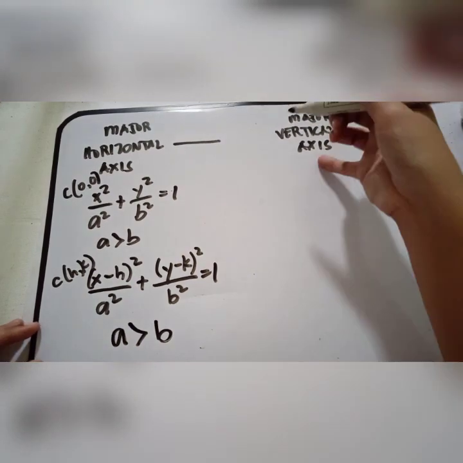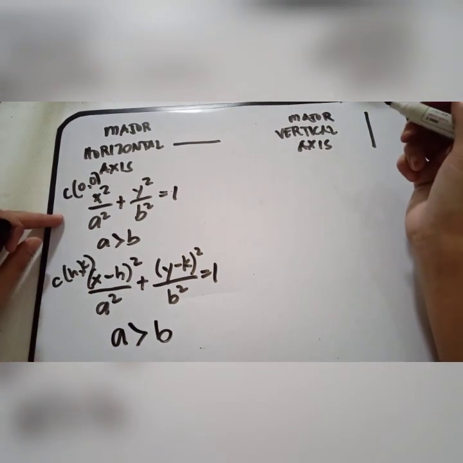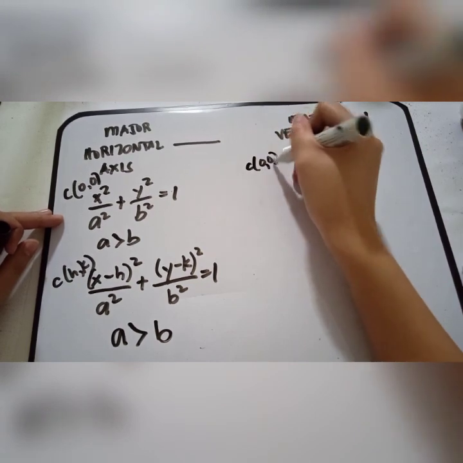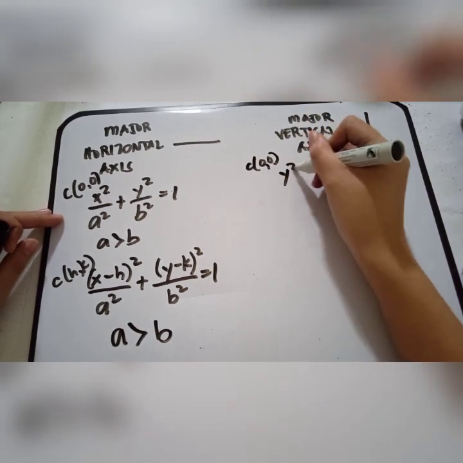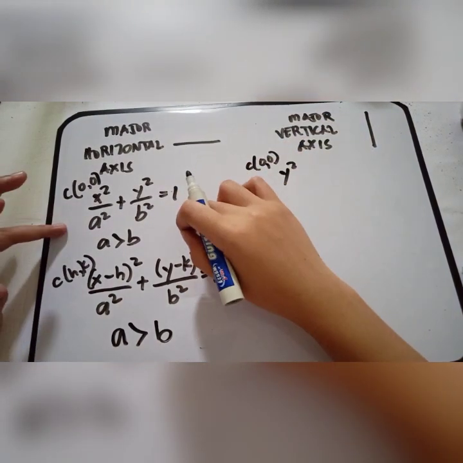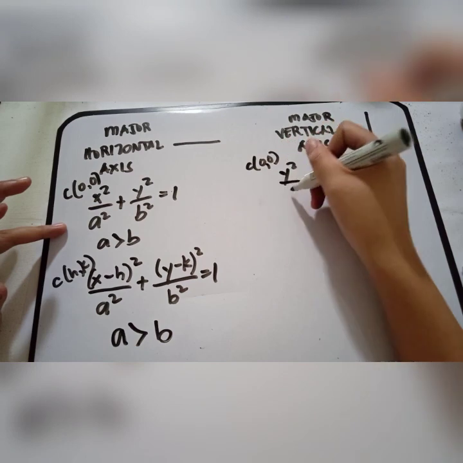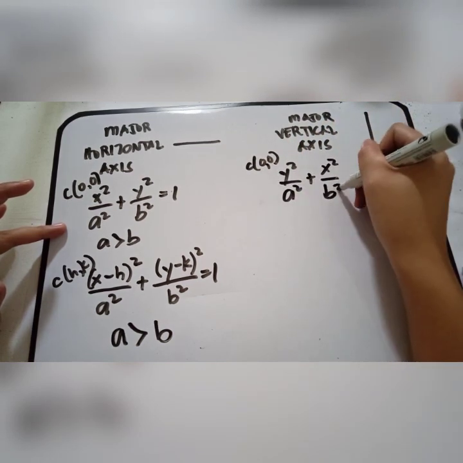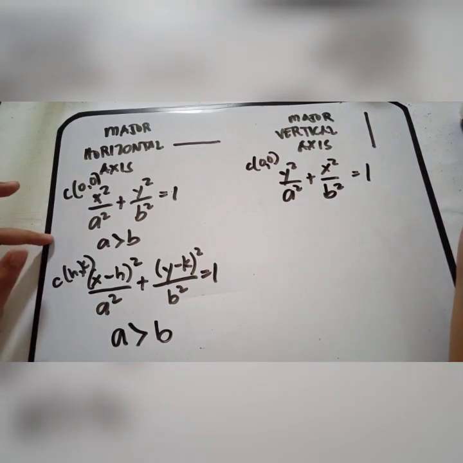Okay, next, the major vertical axis. So the center is in the origin, so it's y squared over a squared plus x squared over b squared is equals to 1.